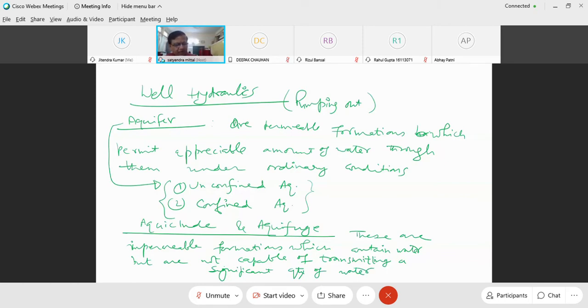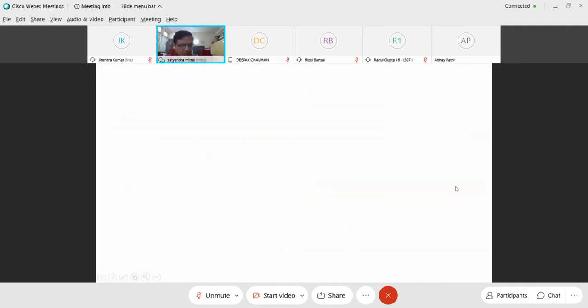So aquifuse basically is an impermeable formation which neither contains water. It contains no water. So once it does not contain any water, it cannot transmit also.